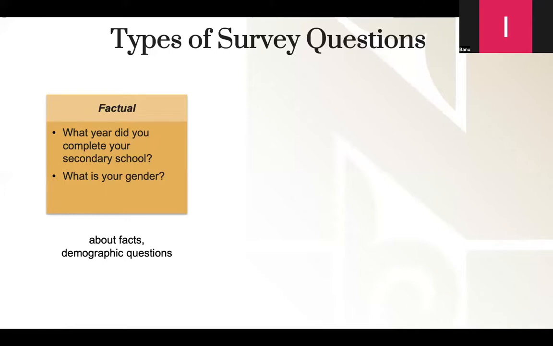First type is factual questions, questions that ask about facts. Demographic questions are a very good example of such questions. For example, asking what year did you complete your secondary school, what is your gender, what is your date of birth. The factual questions are very important.